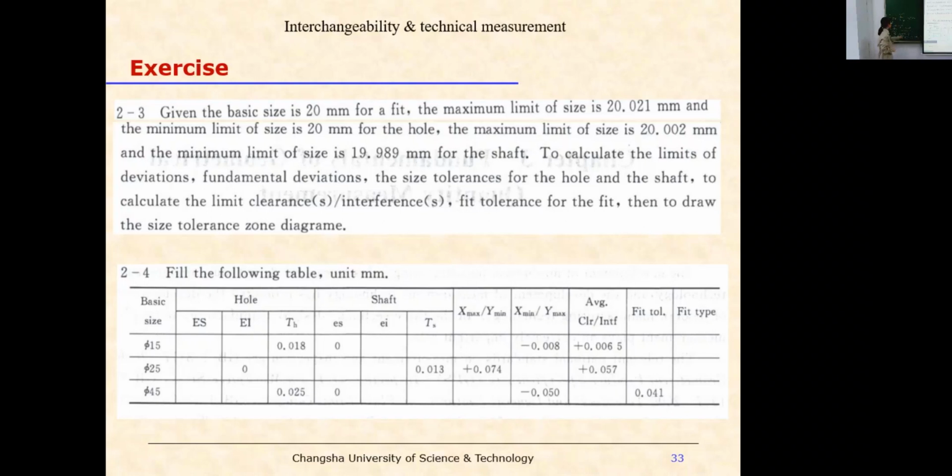Right? So this is TH. TH is X, right? So still EI. So this is 0. This is minus 0.008. So this is plus 0.010.